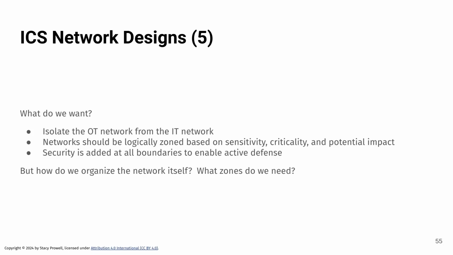We'd like networks that are logically zoned based on sensitivity, criticality, and impact. And we would like to have security at all the boundaries so that we have some kind of active defense. That's all well and good, but ultimately, how do we organize the network? What zones do we need, and how do we implement it?